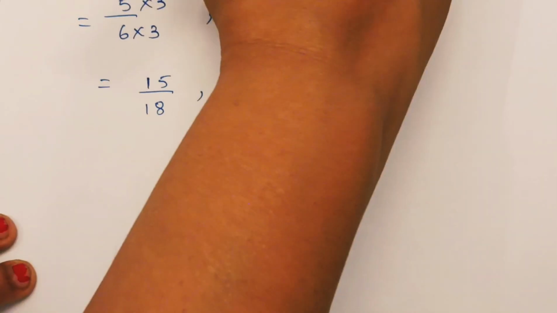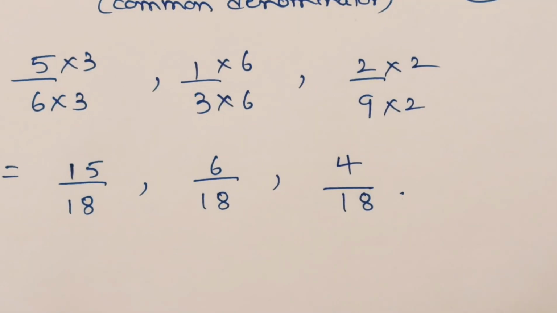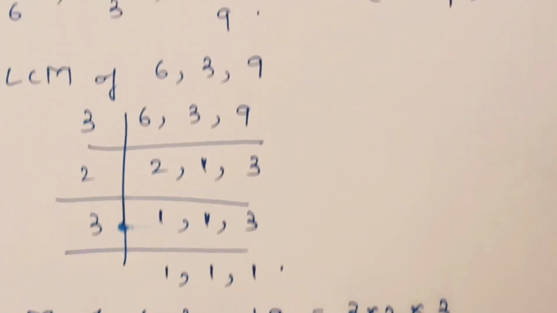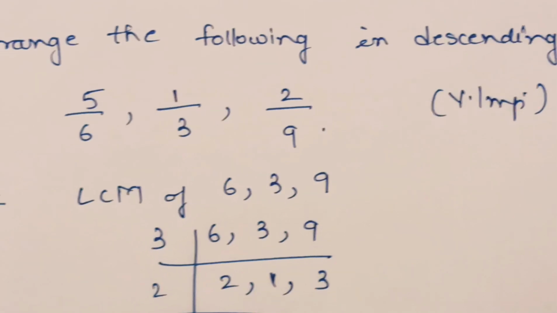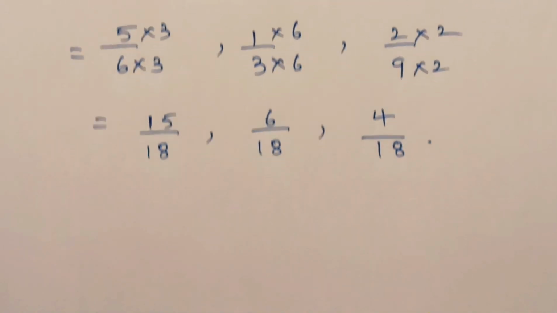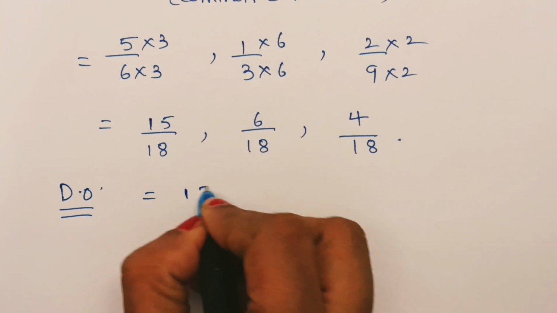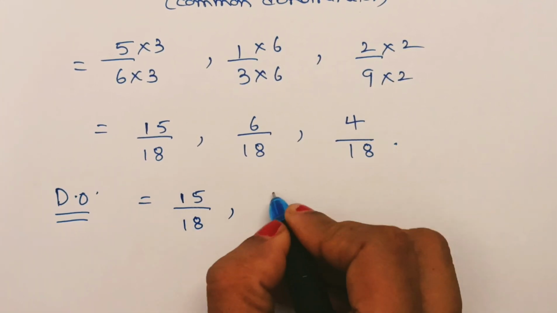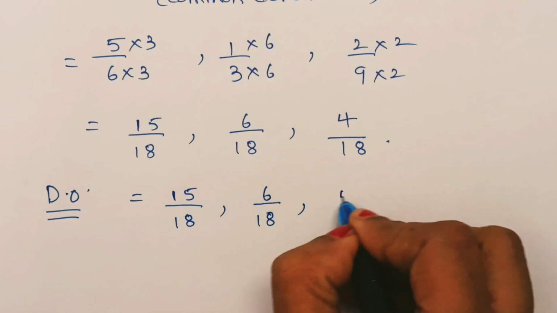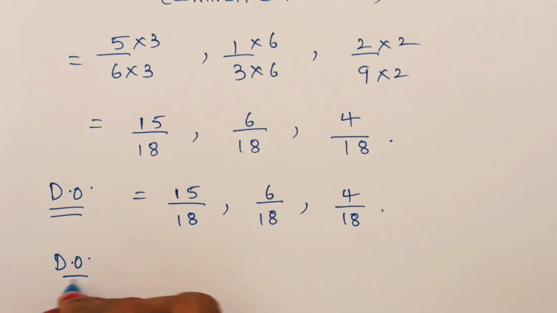They said arrange the following in descending order. So this is your question. Arrange the following in descending order. So now what you have to do? Just arrange in descending order: 15 by 18, 6 by 18, 4 by 18. This is not your actual question. Your actual question is what?